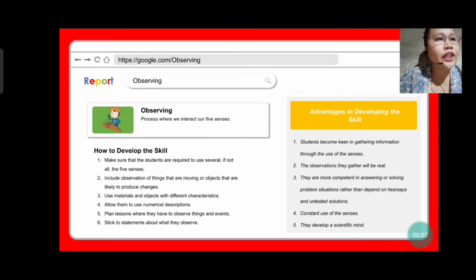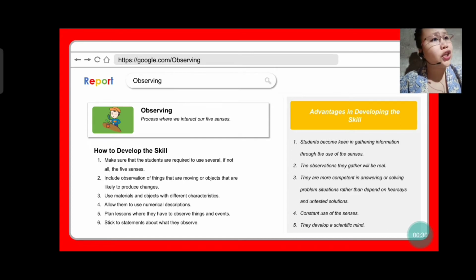The fourth step on how to develop the skill of observing is to allow the students to use numerical description. For example, with leaves, of course, we have different shapes, and there are leaves that in one stalk have different numbers. So allow them to use numerical description.